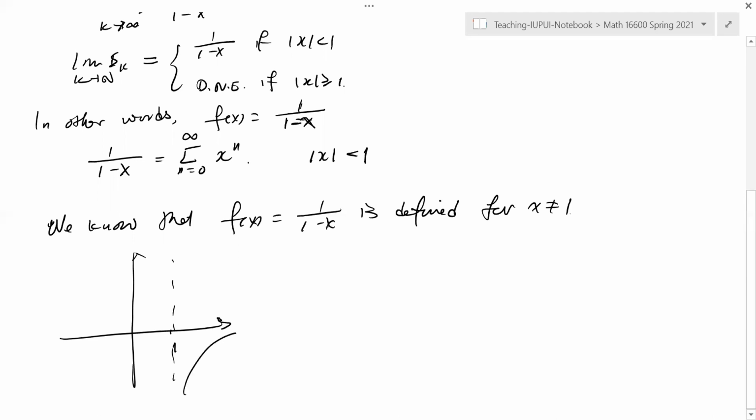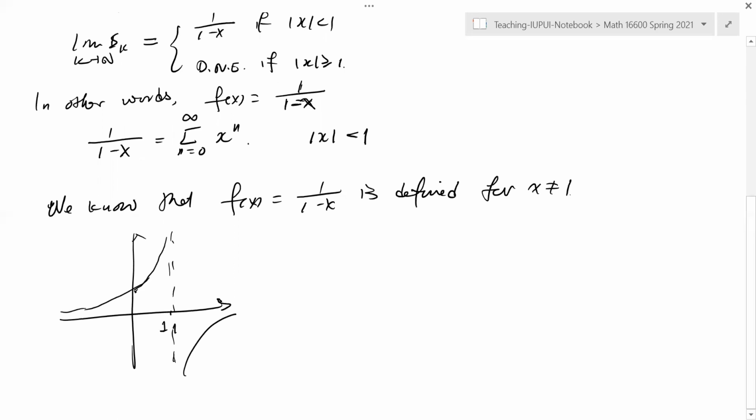When x is less than 1, the graph looks like this. Now, can I express this function as a power series at any point which is not equal to 1?